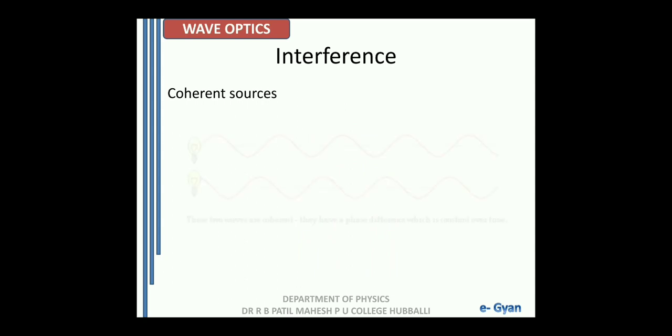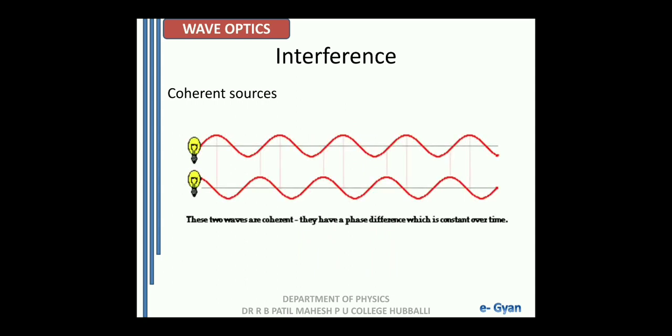In other words, here I have light coming from two sources. The wavelength of the light is the same from both sources, but the phase at an instant is not the same. But the phase difference between any two positions at a certain distance is the same. So the phase difference is the same, but the phase is not.